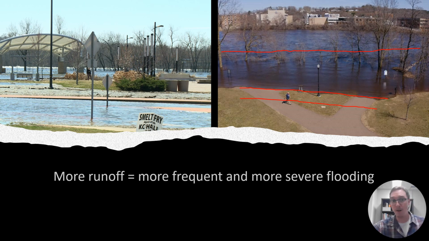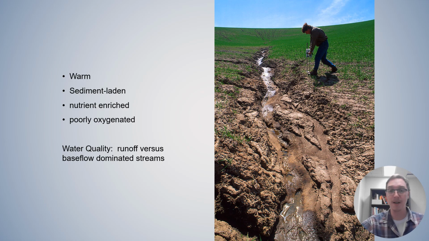And runoff versus groundwater flow or base flow is typically warmer. It's being affected by temperatures on the surface rather than cooler temperatures underground. It's sediment laden. It's carrying a bunch of stuff with it as it's rushing over the surface. It's nutrient enriched oftentimes. Here we see an example of this, a person in a farm field, so obviously things like fertilizers have been applied there.